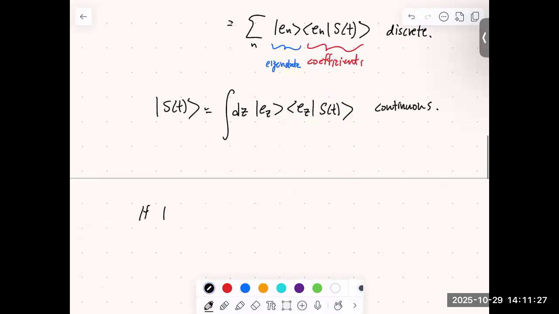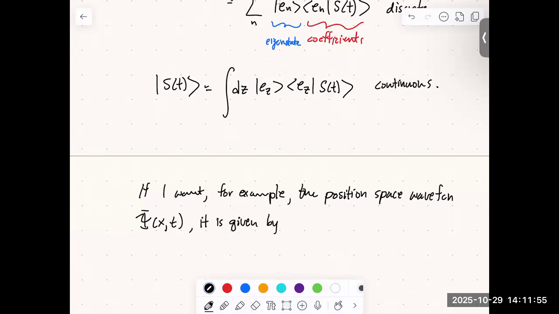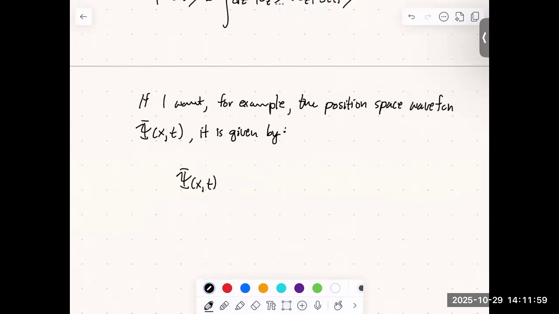So if I want, for example, the position space wave function psi of x,t, it is given by, well, psi of x,t is defined to be the inner product of the basis state x with our general quantum state S. Okay, so that's fine, but as we've seen, I can expand S of t using this identity operator.